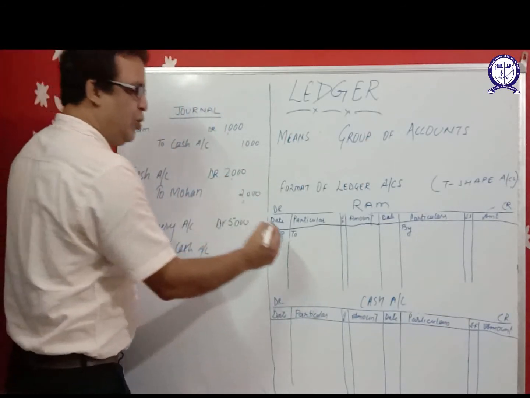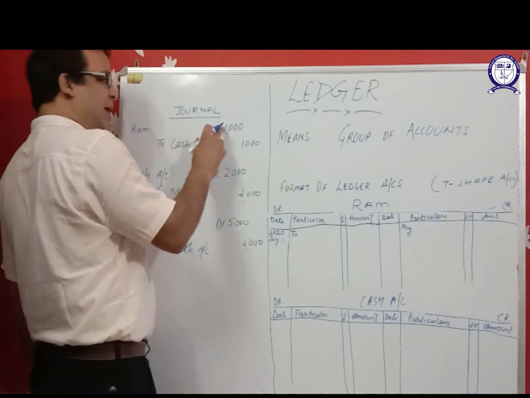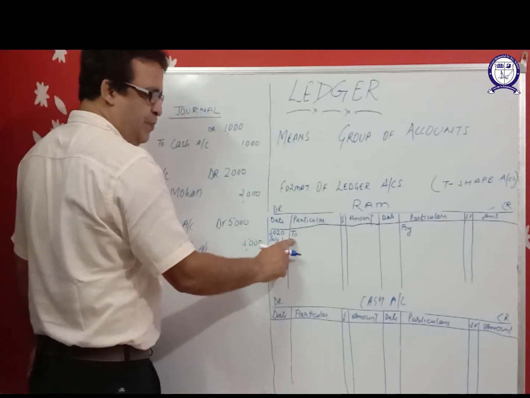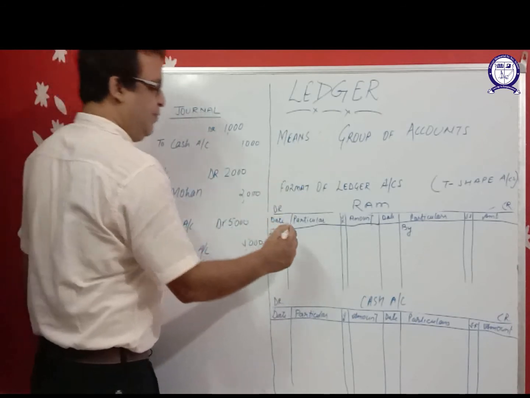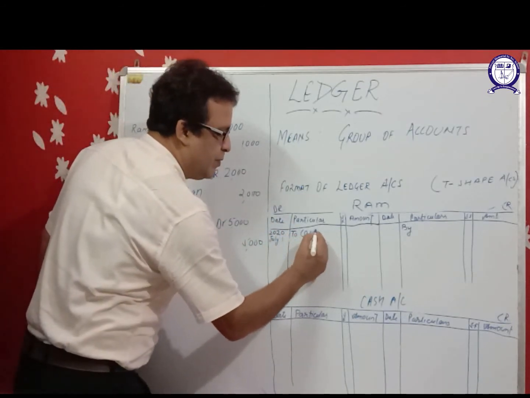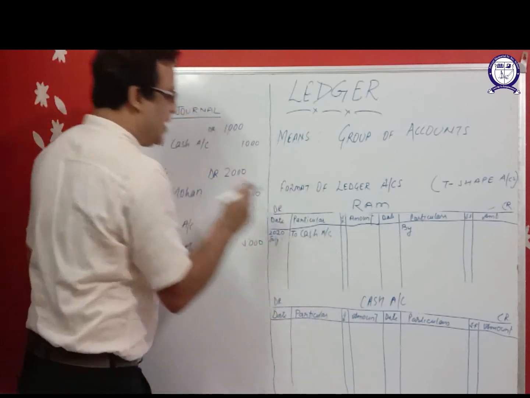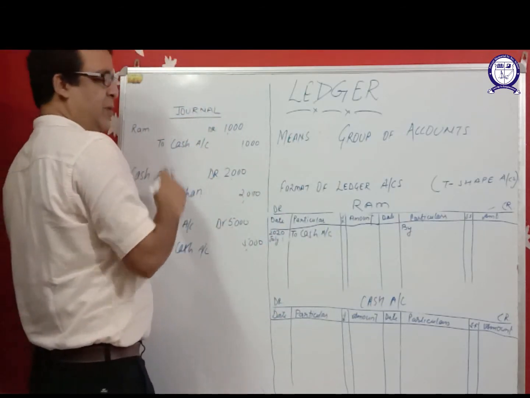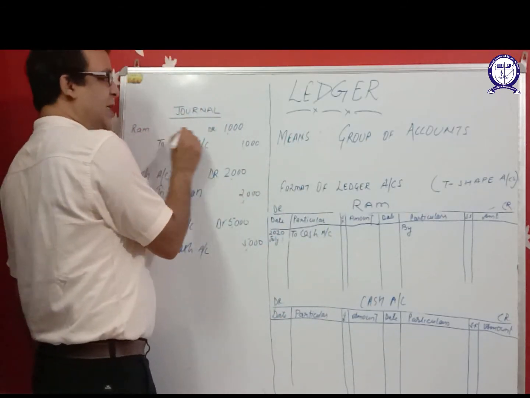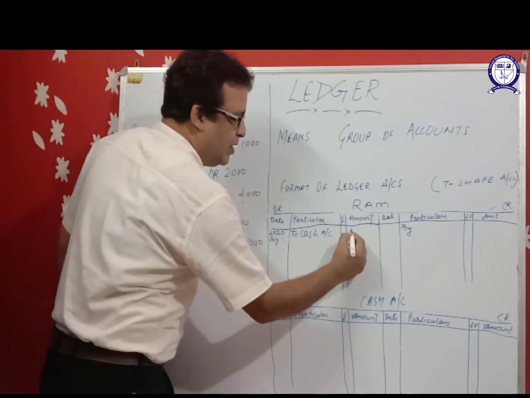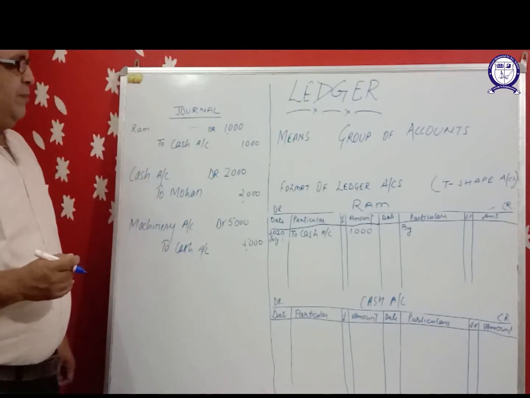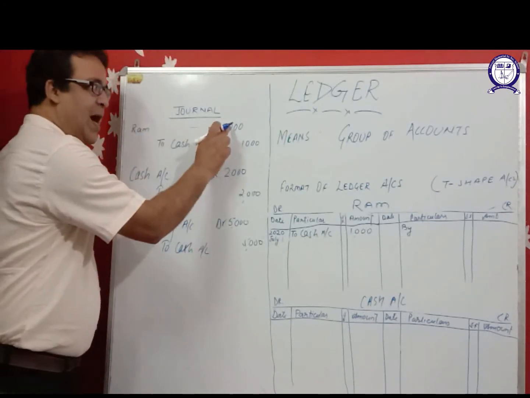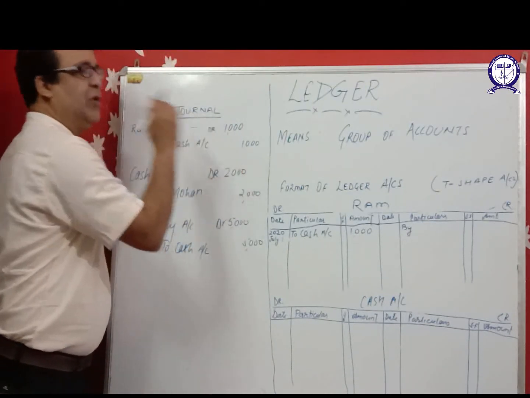Because Ram is debit, on the debit side of Ram account will be recorded "To cash account", the other account. The amount which is written in front of Ram, 1000, means the amount is its own and the name is of the other account.